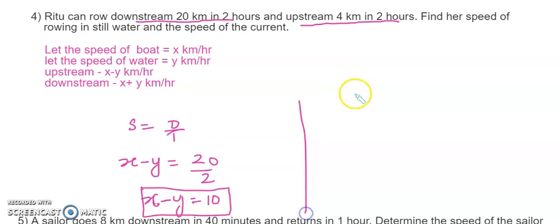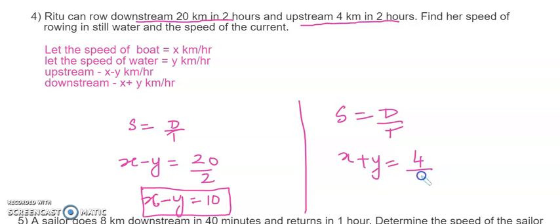And in the second case, it is going to be upstream, where they are saying 4 kilometers in 2 hours. Again, speed is equals to distance upon time. Upstream means x plus y, which is equals to 4 kilometers upon 2, which is x plus y is equals to 2. So that is my second situation. So directly I am getting my equation. Okay. Am I clear?